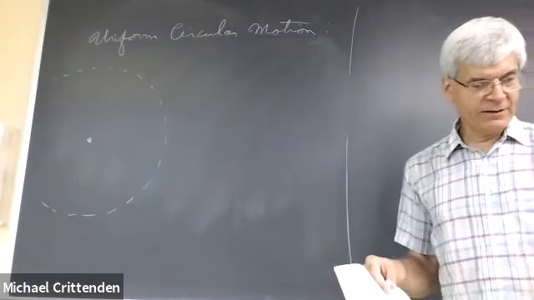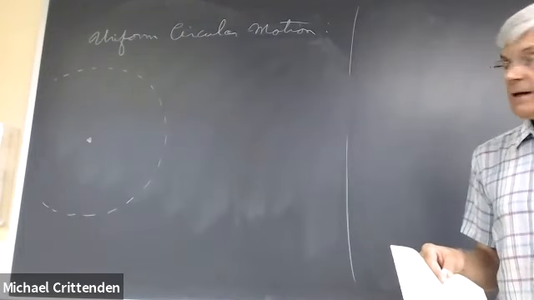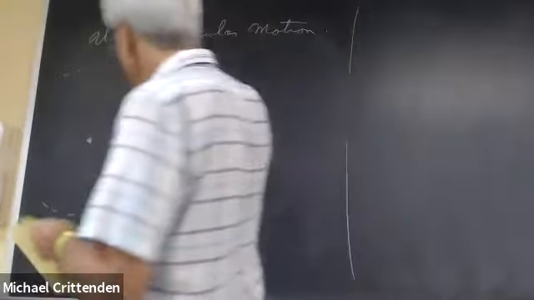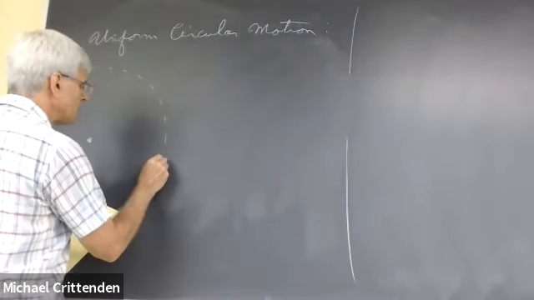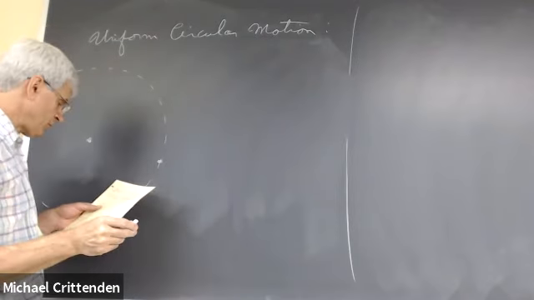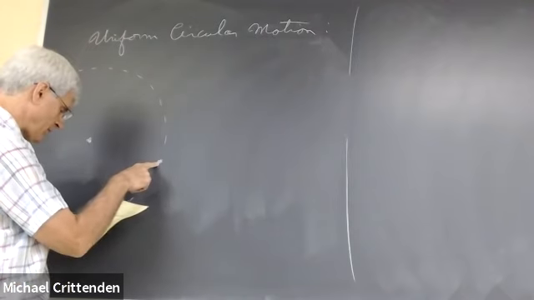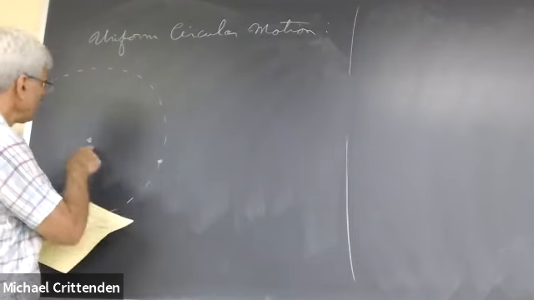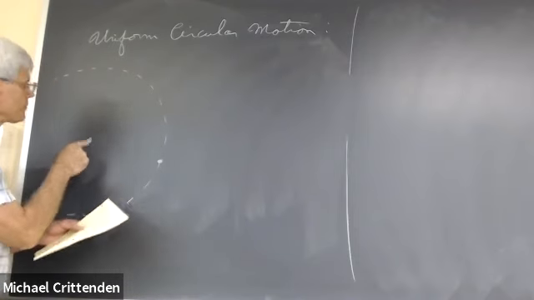So you're driving around in a circle in a car, and somebody's watching you from a helicopter, looking down from above. This is the path you're following. And originally, when this person in the helicopter first looks down at you, your car is right there. The center of the circle is a convenient point to use for the origin.